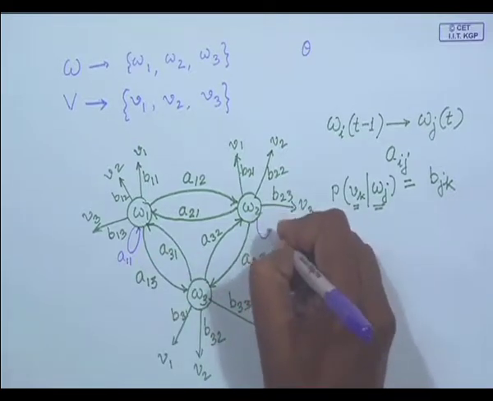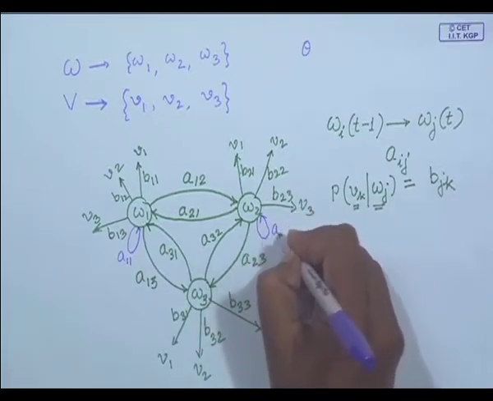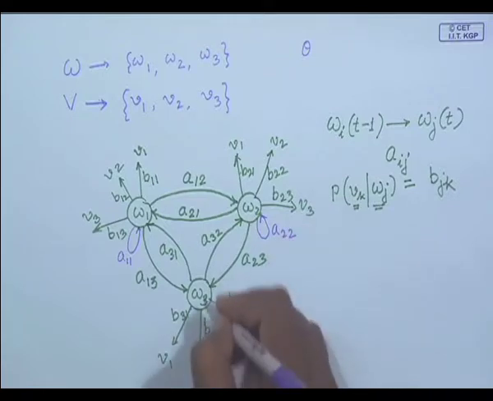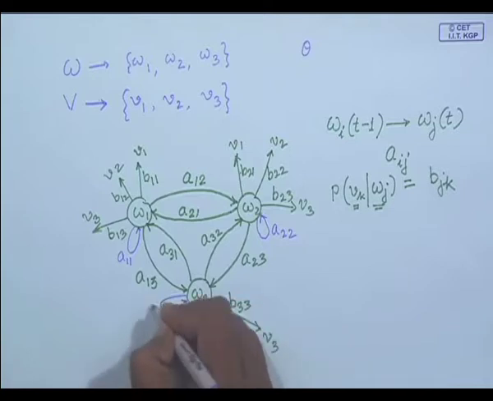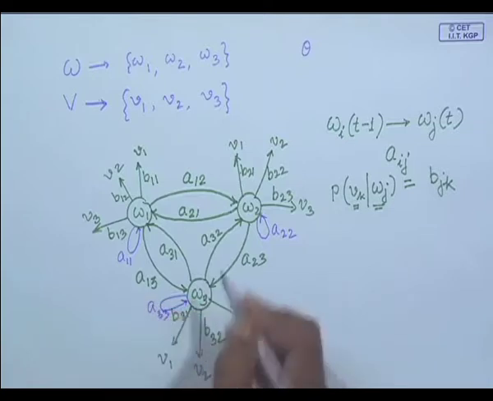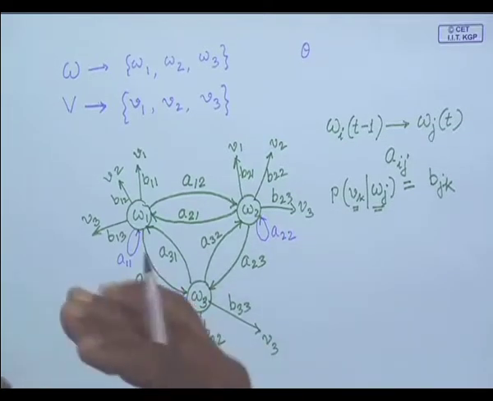Similarly, omega 2 to omega 2 will have transition probability a22, and omega 3 to omega 3 will have transition probability a33. So, this is also possible: in two subsequent time steps, the machine can be in the same hidden state, because from any hidden state there is always a transition to one of the states.